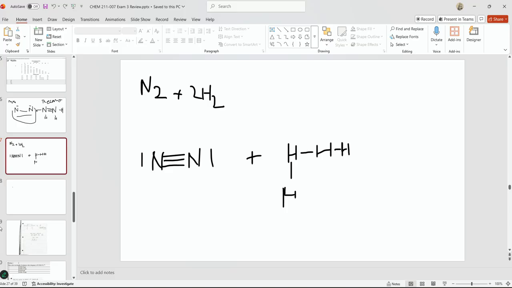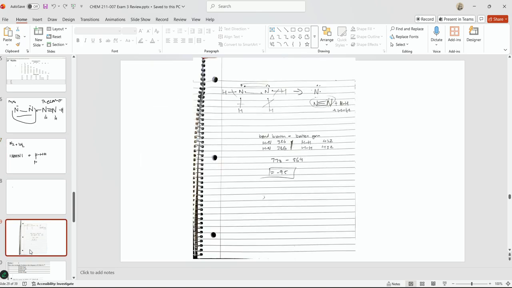Did we do anything with N over here? From when it goes from here to there, N doesn't really change, so we don't really need to do anything there. So tell me how many bonds were broken from here to form this thing, basically.